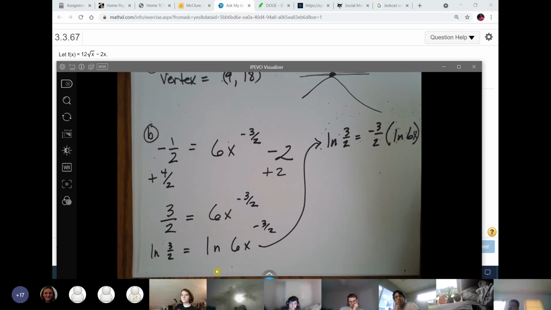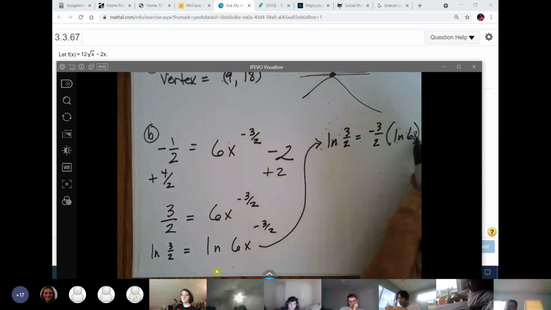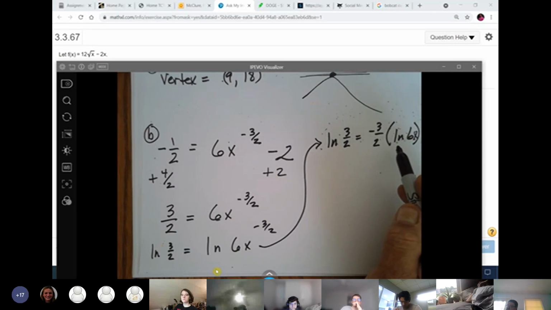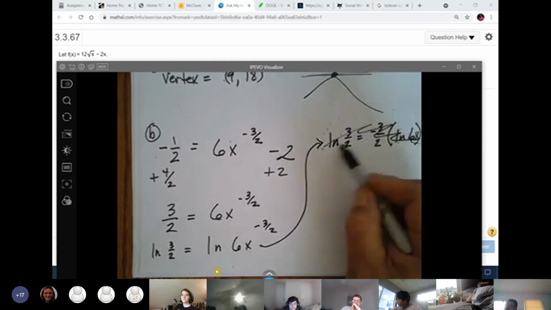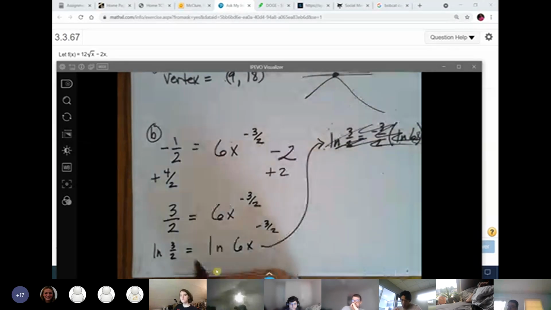So we might have to use the definition of a logarithm, because that x is with the 6.